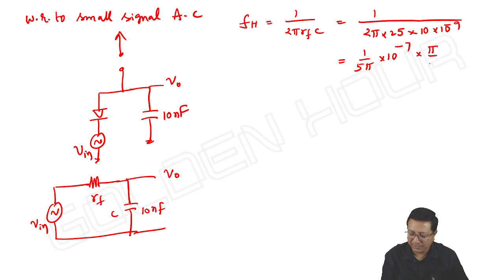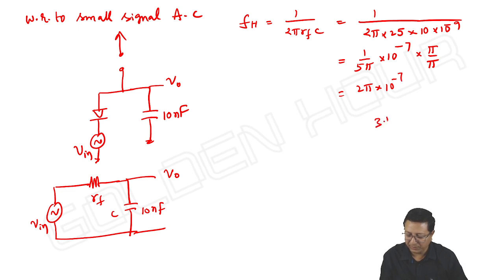Approximately I'm writing, I can multiply and divide with pi. So pi square is 10. So 2 pi into 10 power minus 7.